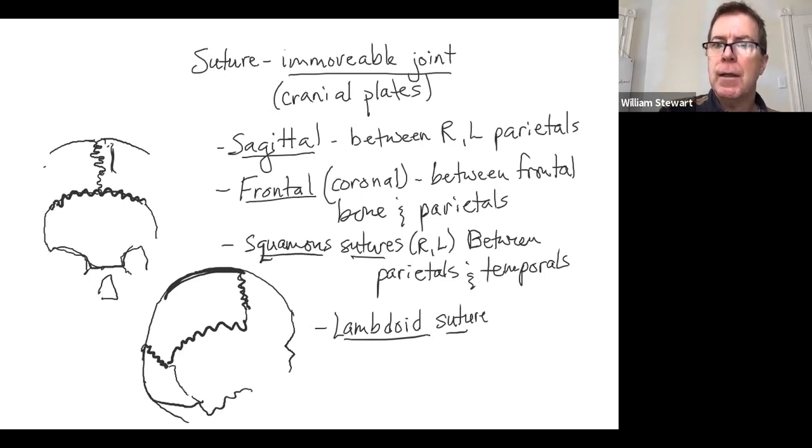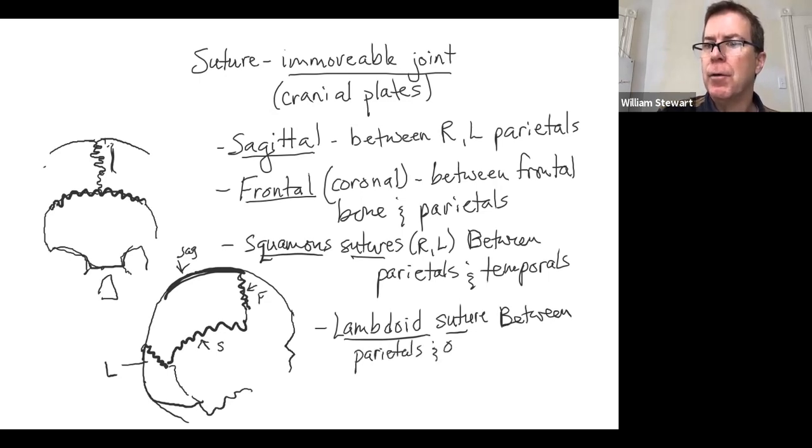So this would be the lambdoid suture here. This would be the squamous suture here. This is the frontal suture here, and sagittal suture, I'll write S-A-G up here. Lambdoid suture is between the back, the posterior side of the parietals and the occipital bone.